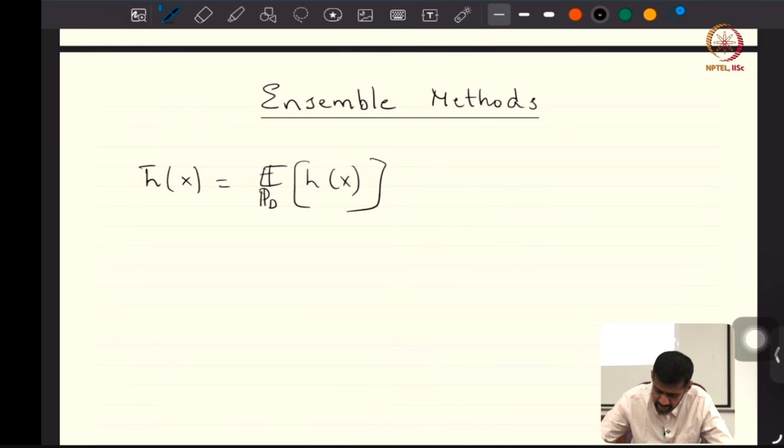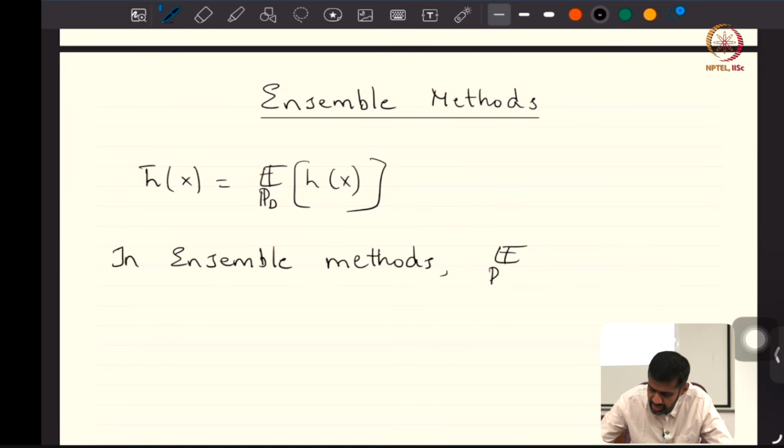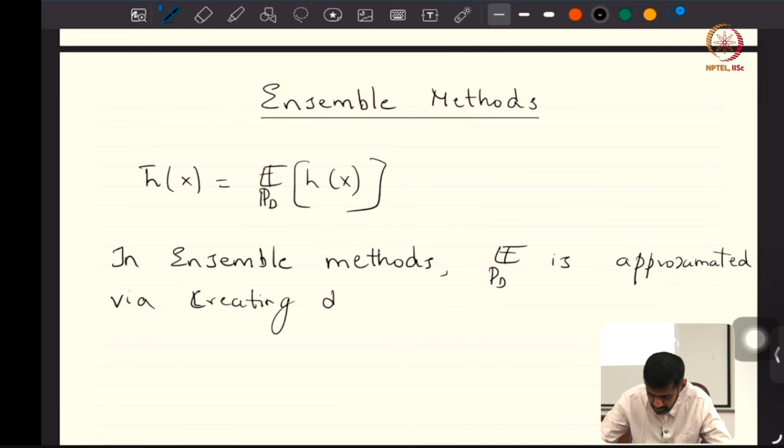So, in ensemble methods, the expectation over PD is approximated via creating data sets by sampling with replacement.